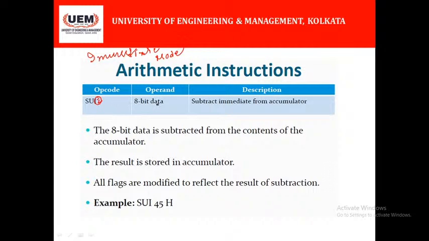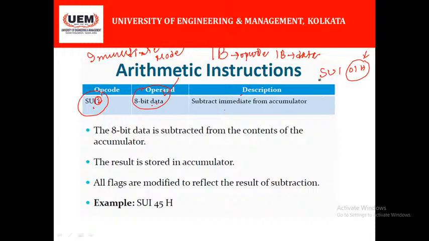How many bytes are required? To represent SUI data, we require 1 byte for representing the opcode, and to represent the data, we require another 1 byte. So naturally, if we are writing SUI, say 01H, then 01H is our data.